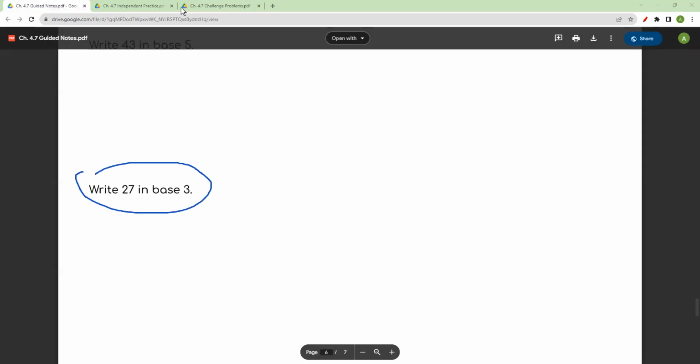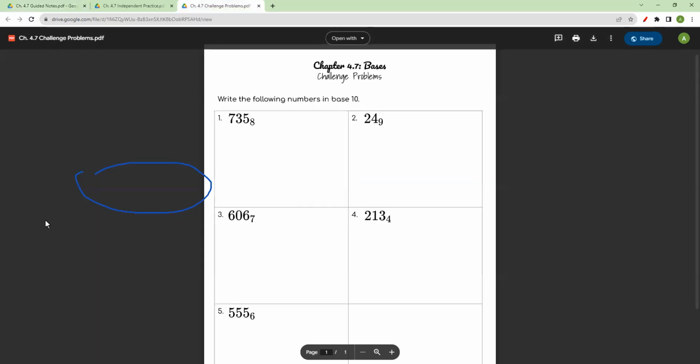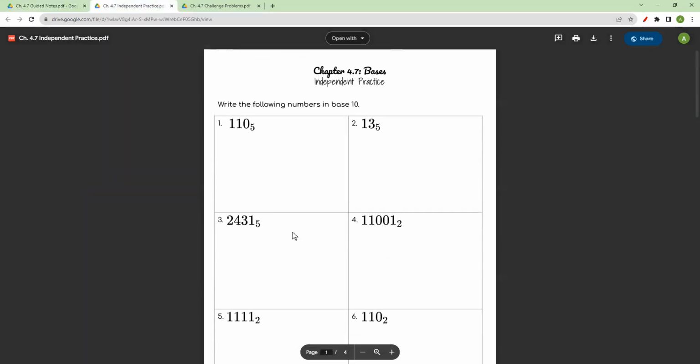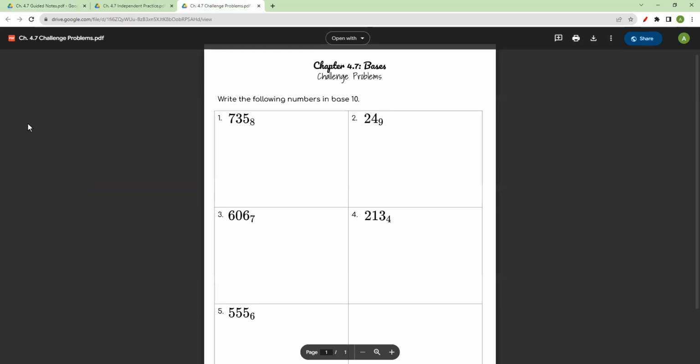So for the challenge, you will have to use a similar process to these. Okay, so you'll have to write a place value chart for base 8, and then write in the face values for the 3 columns, and then use expanded form to find out what it would be in base 10. All right, and I can do a separate video if you want some help on those.